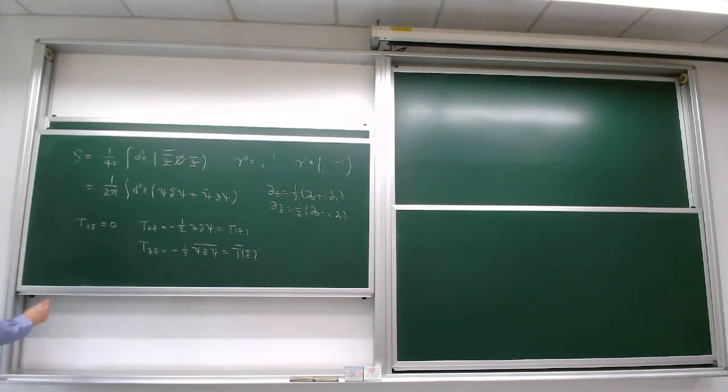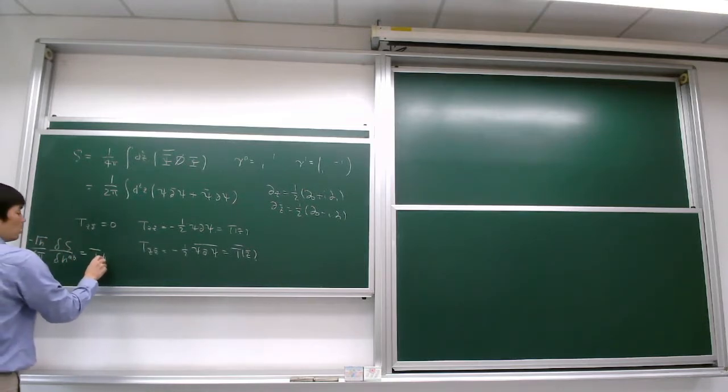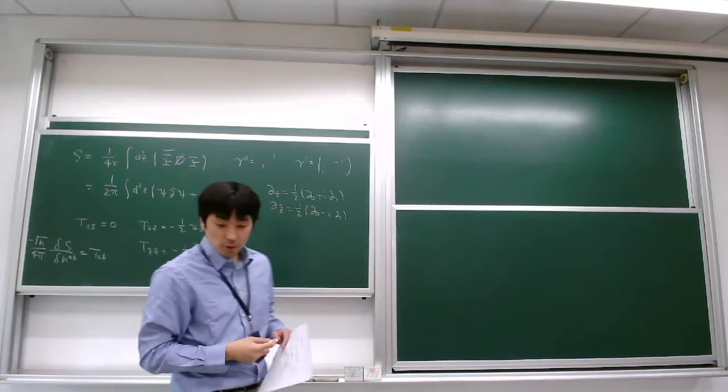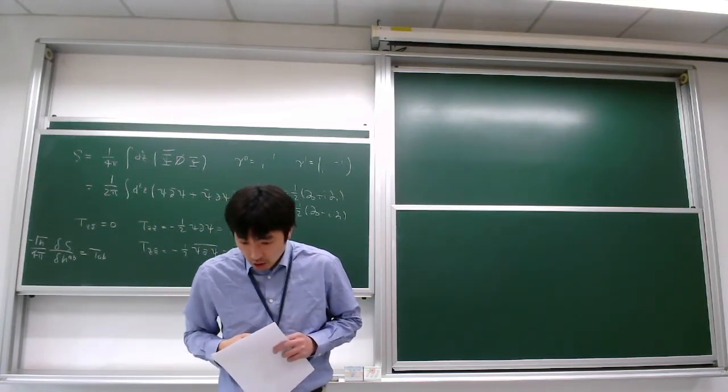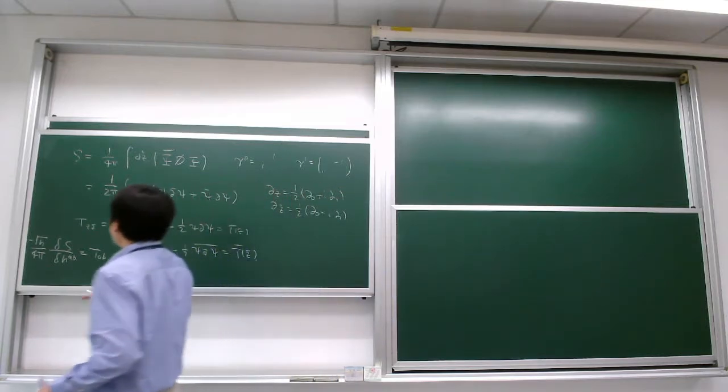This can be easily obtained by taking, for the proper normalization, first remember T_ab. You can do the variation with respect to the metric. 4 pi.